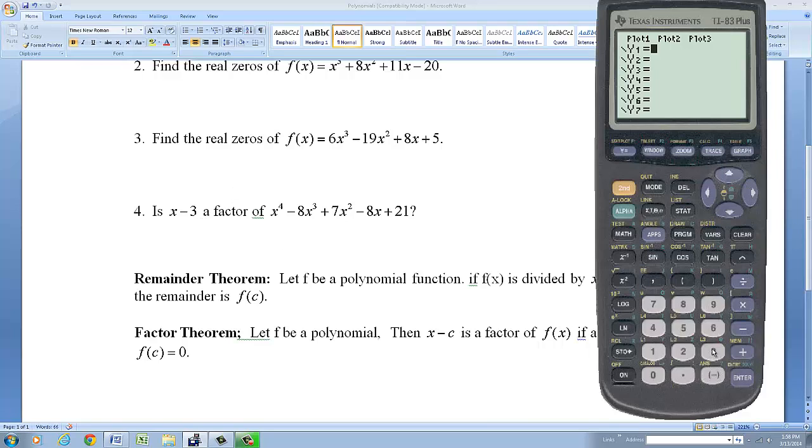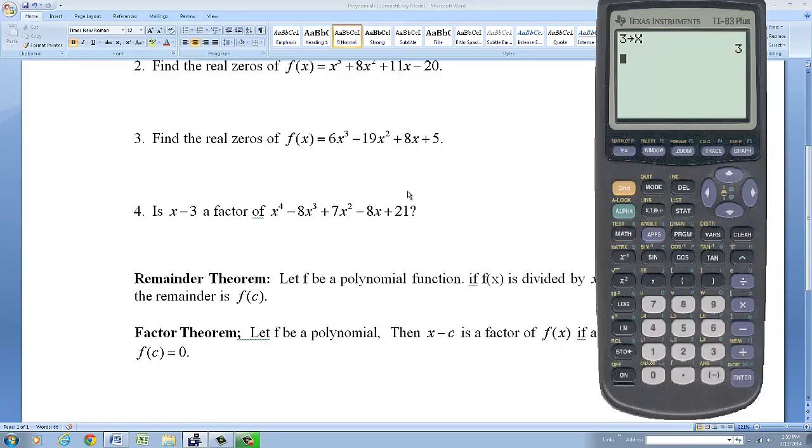Let me go to the home screen. So let's hit 3, and then hit the store key right here, and then x, and then hit enter. That means if you type any expression that has an x and then hit enter, it's going to evaluate that expression at 3.